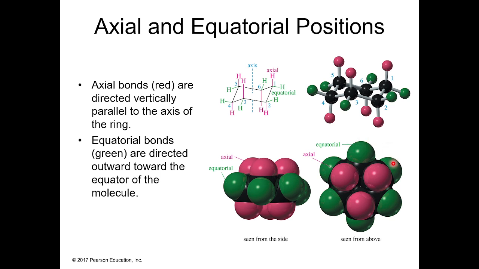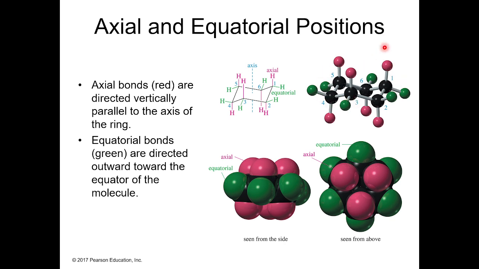Okay, these are the equatorial positions. This is the ring right here, and this is a point on the ring. The equatorial position points outwards away from the ring. If you look at this, the axis of the ring points up and down like this, and this would be the equator.